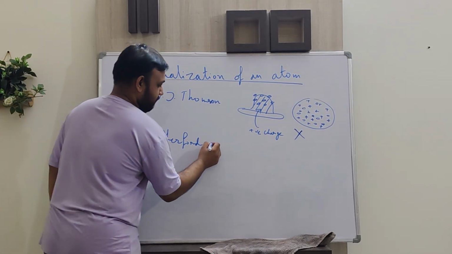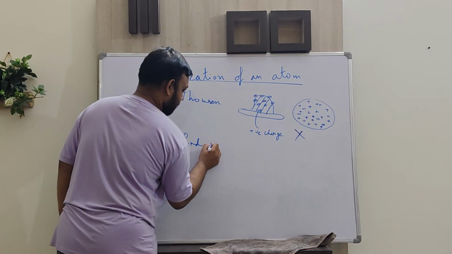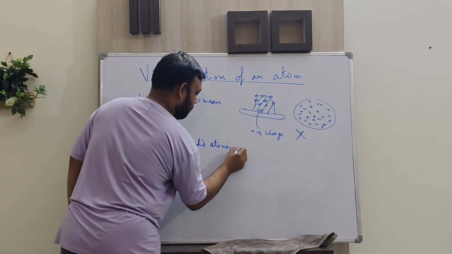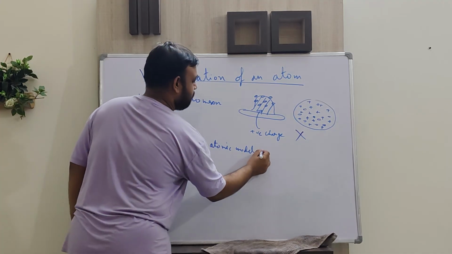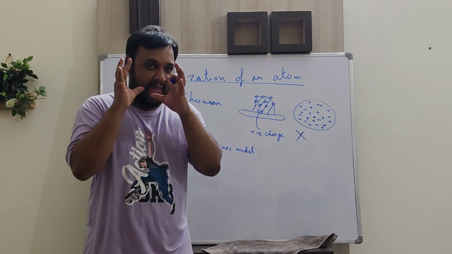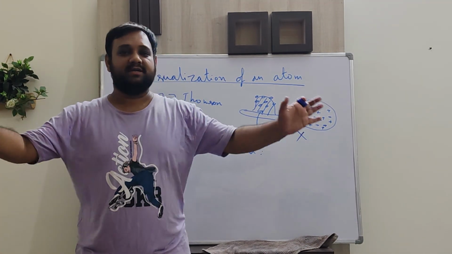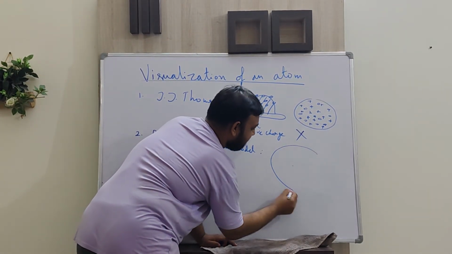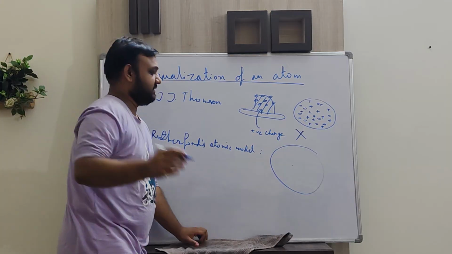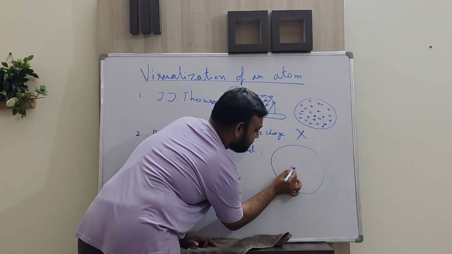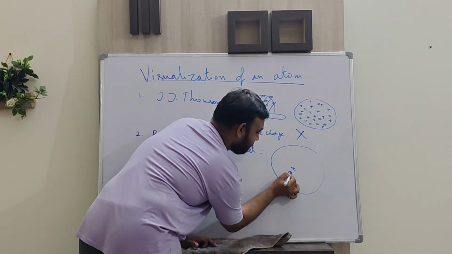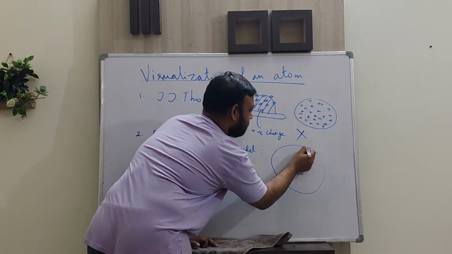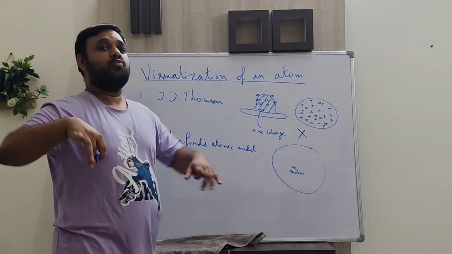Rutherford's atomic model. Rutherford said that the atom is almost empty. You can think of a tiny positive charge, and everything else is empty. This very tiny positive charge is called the nucleus. And outside, some electrons are moving.